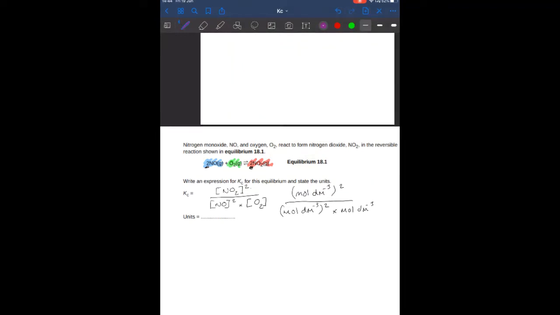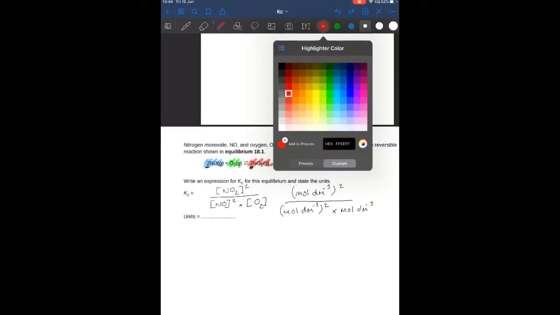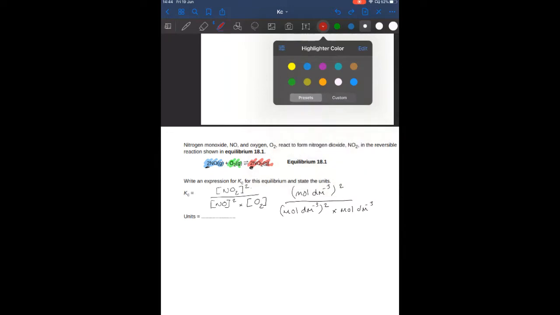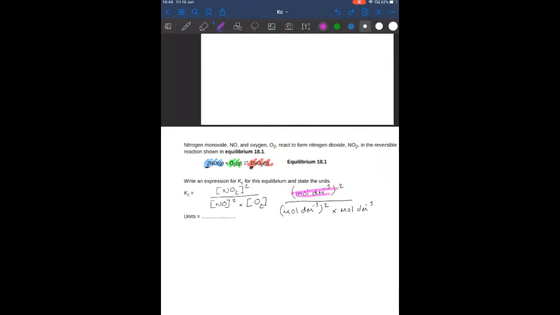Because we've got moles per decimeter cubed to the power of 2 and moles per decimeter cubed to the power of 2, those will cancel out.